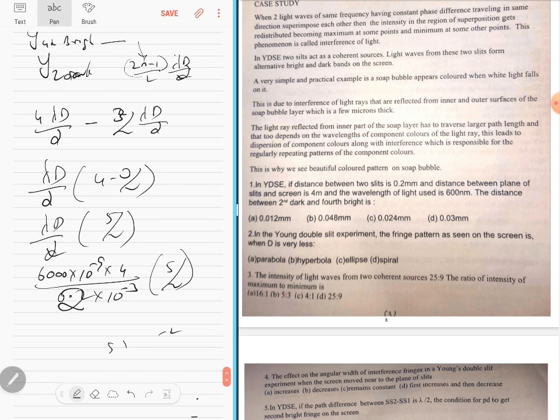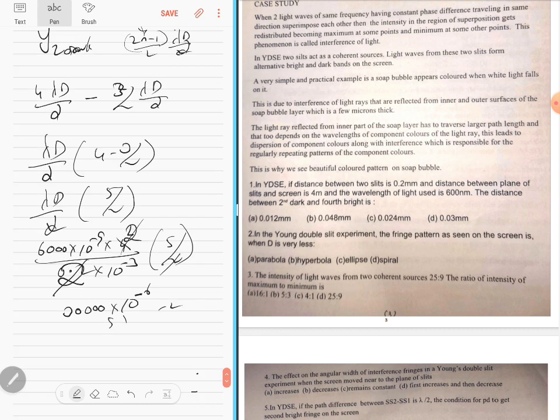Okay, so the 2 and the 4 get cancelled as 2, the 2 and the 2 get cancelled. 6 5s are 30, so I'm getting 30,000 into 10 to the power minus 3 going up, which will become 10 to the power minus 6. So there is a 10 to the power 3 into 10 to the power 4 into 10 to the power minus 6, which is 3 into 10 to the power minus 2, which is 0.03 meter.